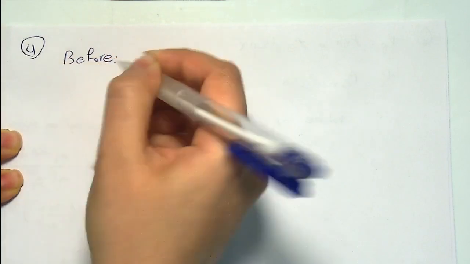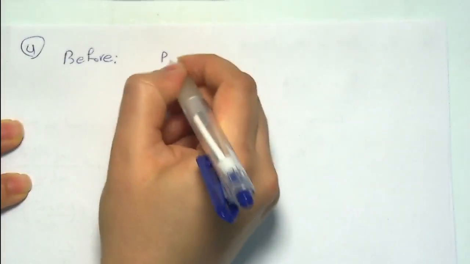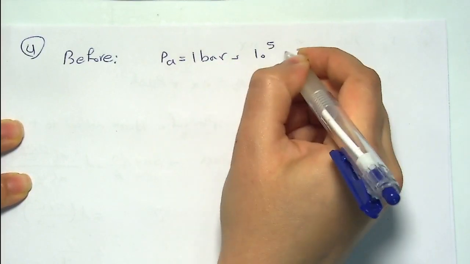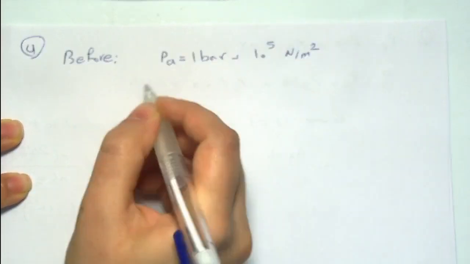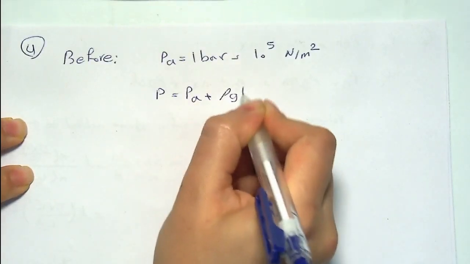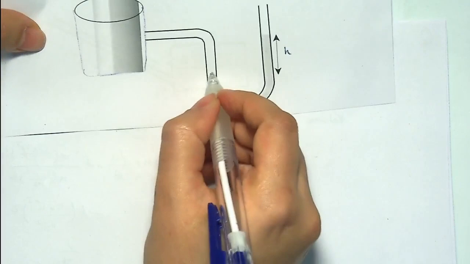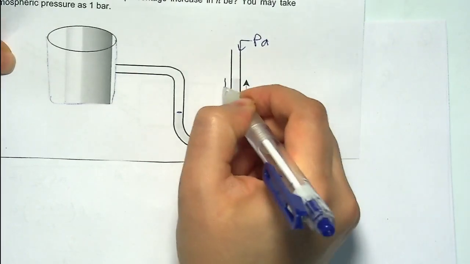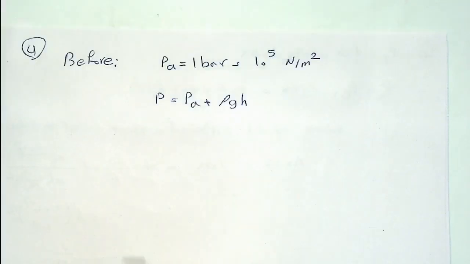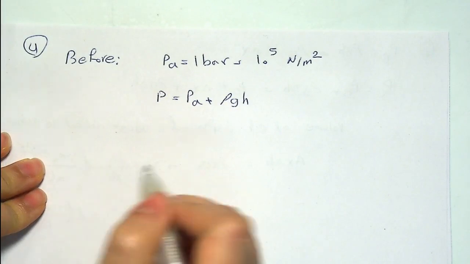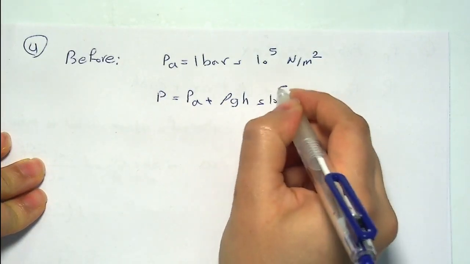In the initial state, before we add the pressure, we know that PA is 1 bar, which is equal to 10 to the power of 5 Newton per square meter. So P would be equal to PA plus rho GH. P here is equal to atmospheric pressure plus the hydrostatic pressure of this column.